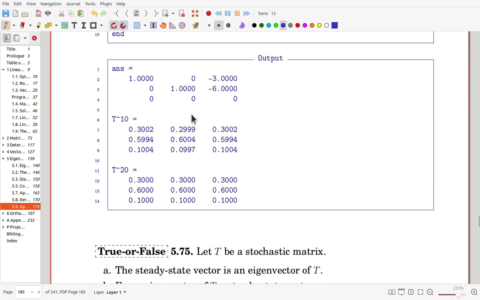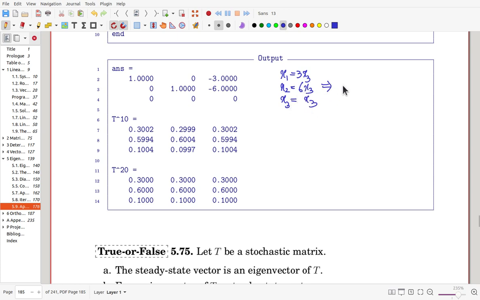That is the reduced echelon form. Now x1, x2 are basic variables, and x3 is the free variable. So x1 equals 3x3, the first row, and the second row means x2 equals 6x3, and x3 is a free variable.